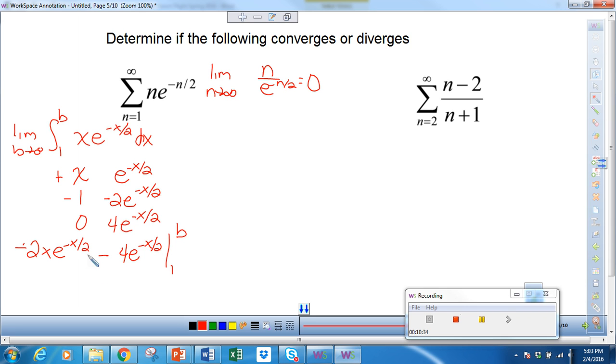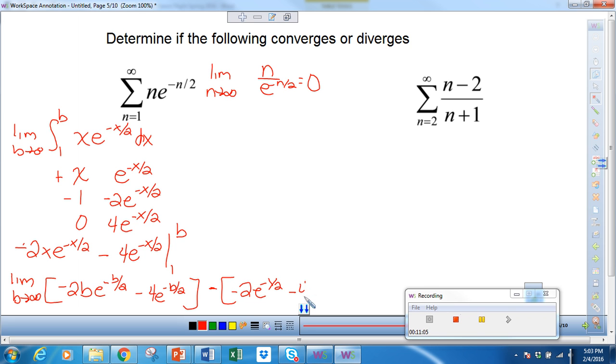So if I substitute in, and again, I'm taking the limit as b approaches infinity, I get negative 2b e to the negative b over 2 minus 4e to the negative b over 2, minus negative 2e to the negative 1/2 minus 4e to the negative 1/2.